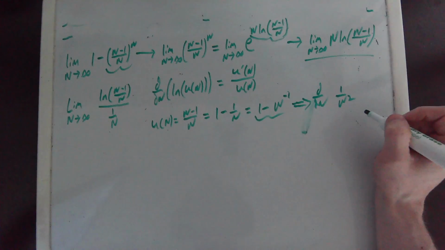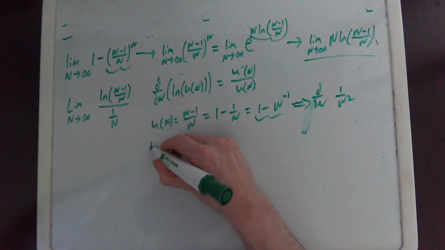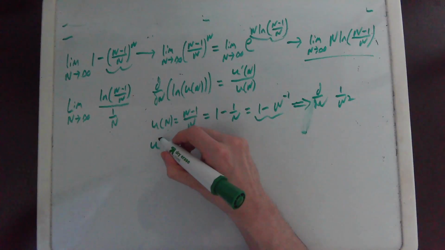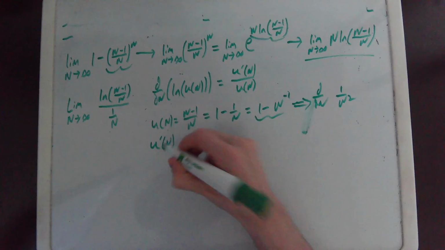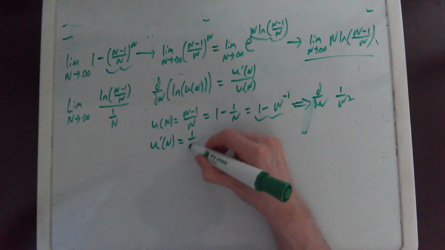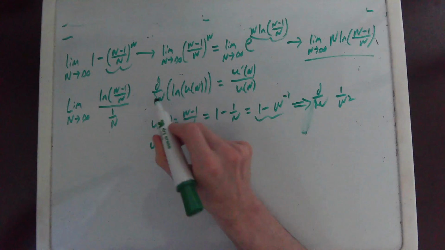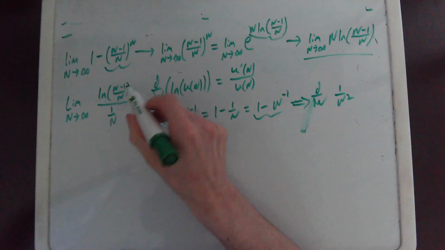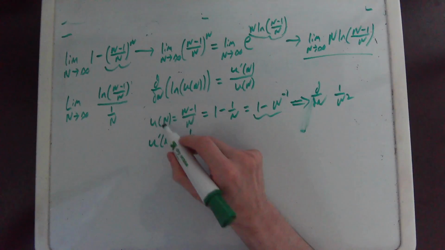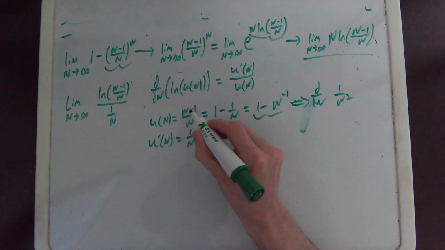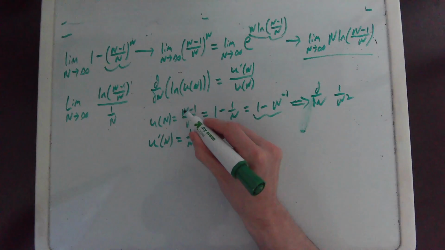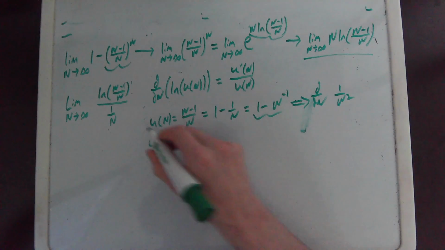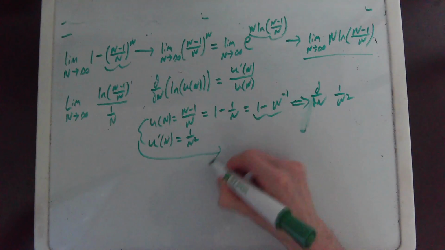So this is our u of n, and all we did was find the derivative of this, which is u prime of n, which we just said is 1 over n squared. So the derivative of our entire numerator term is u prime of n divided by u of n, which is (n minus 1) over n. Let's put these together over here.